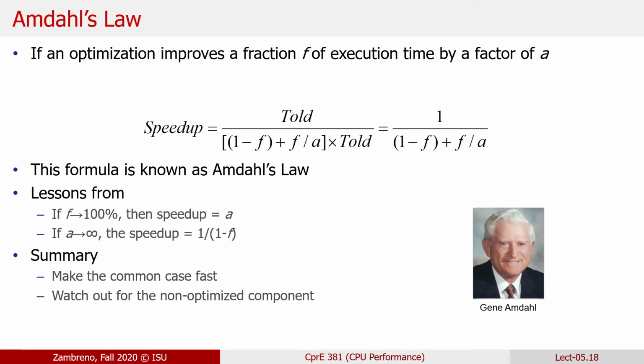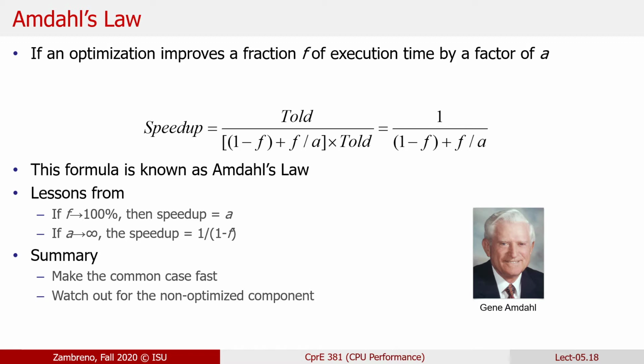So Gene Amdahl is this nice grandfatherly looking person who was a senior engineer at IBM and then really became an entrepreneur in the computer architecture space. You may not have heard of him. He was very much a contemporary of Seymour Cray, for example. So if you've heard of Cray, very similar companies, just different levels of success, both considered early pioneers in the computer architecture space. This is a relatively straightforward observation.